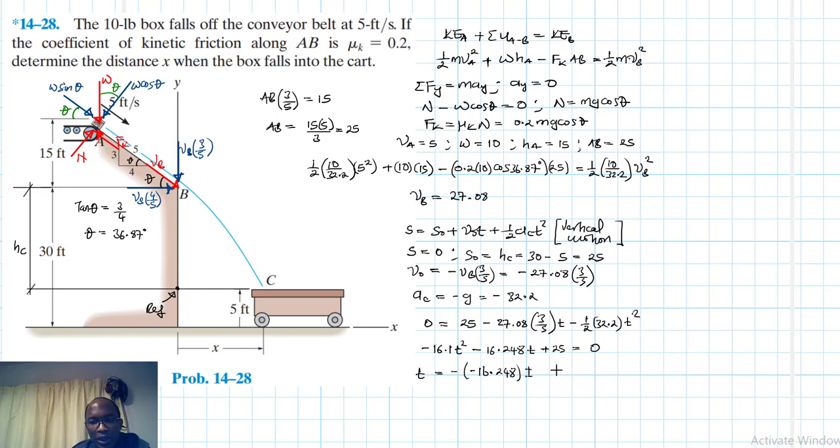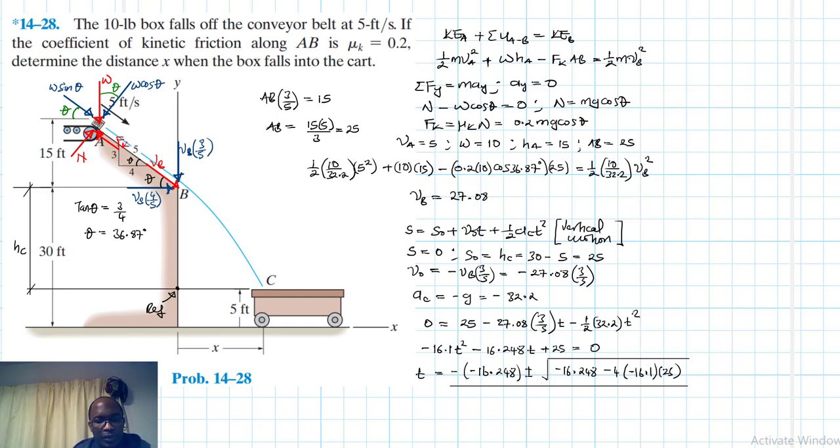So square root there of minus 16.248 minus 4a, which is minus 16.1 by 25. Okay, so we are dividing everything like so, and then this is under the square root.